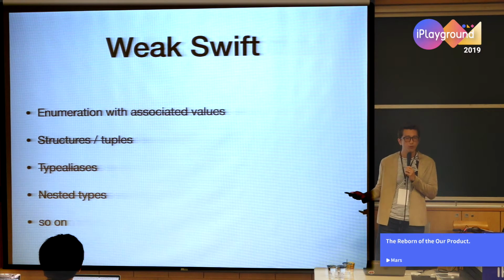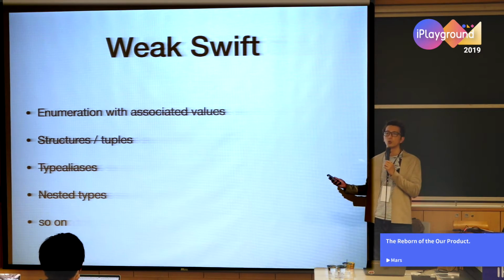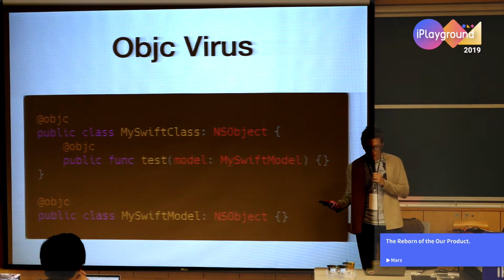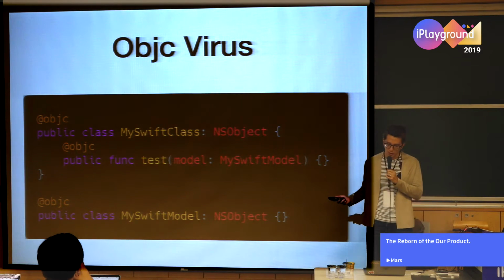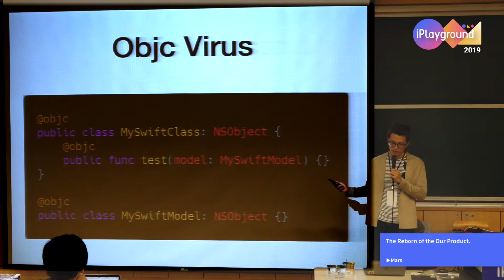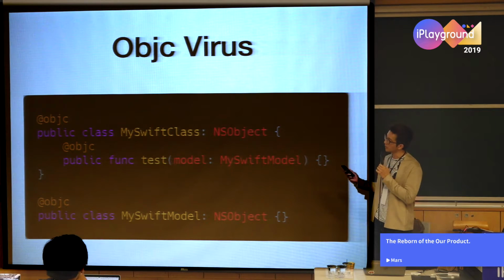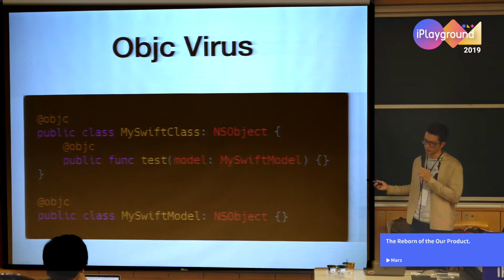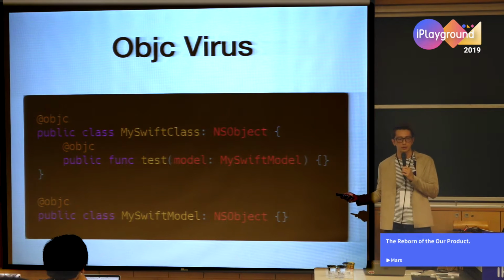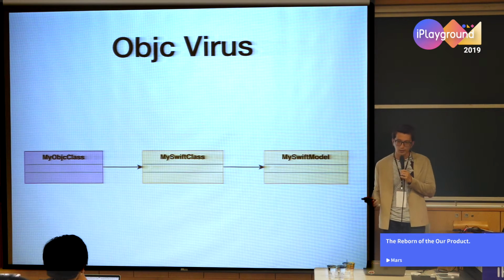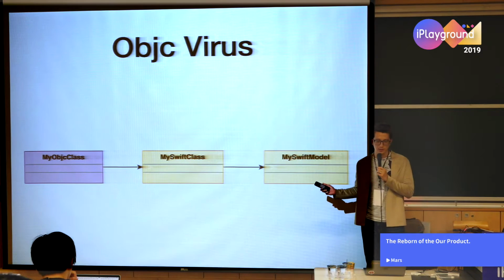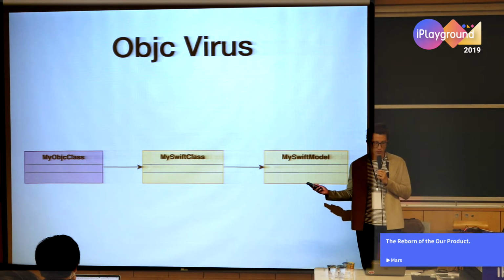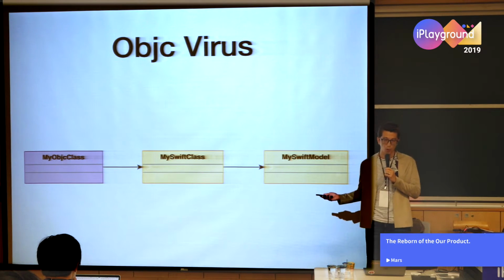But the powerful features we just mentioned will disappear. We have to change the Swift code into Objective-C types, like an NSObject with @objc or @objcMembers attributes. And the worst part, the effect is like a virus that infects the rest of the Swift source code one by one.